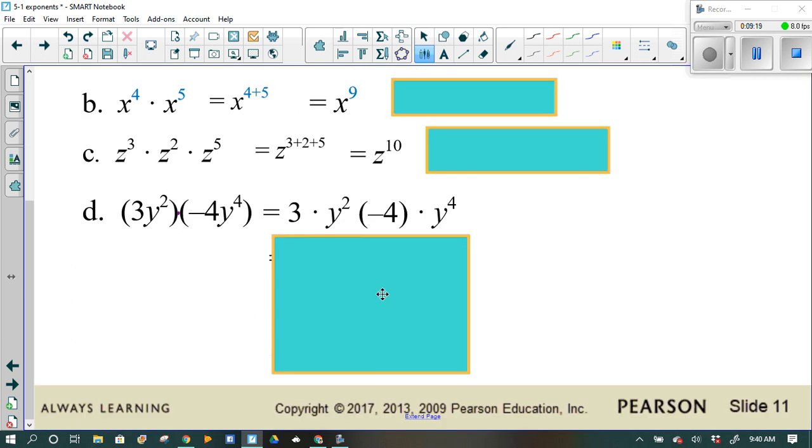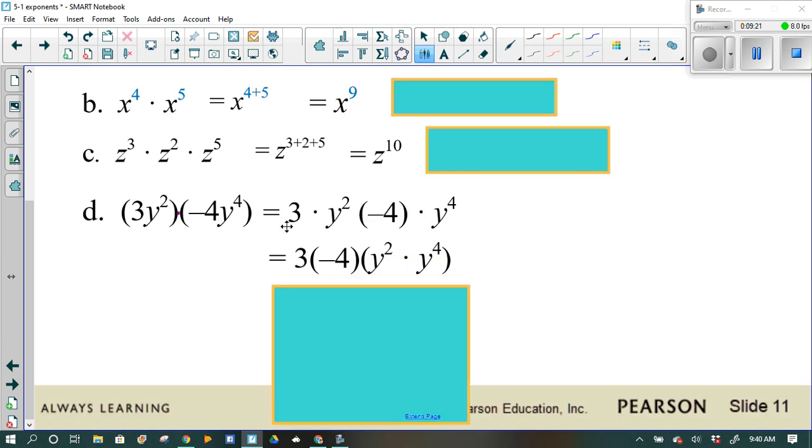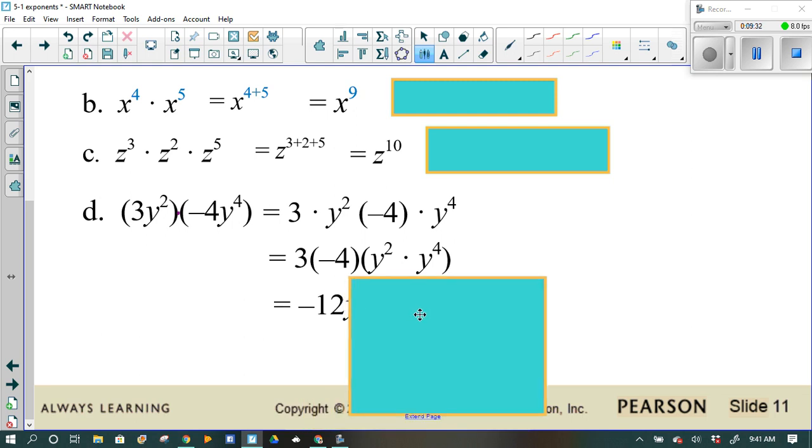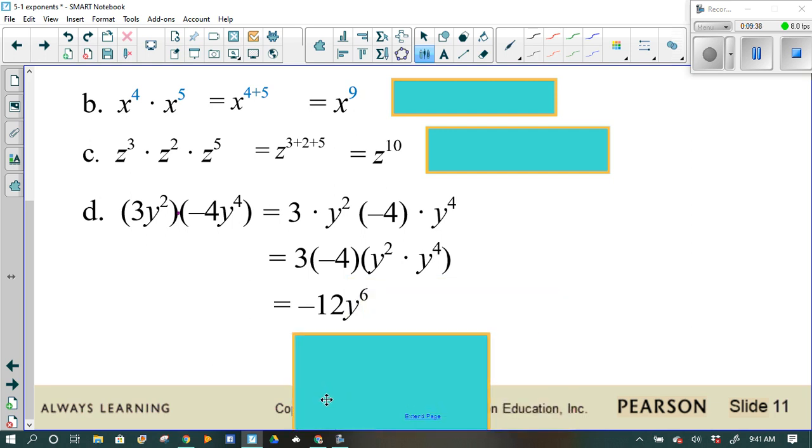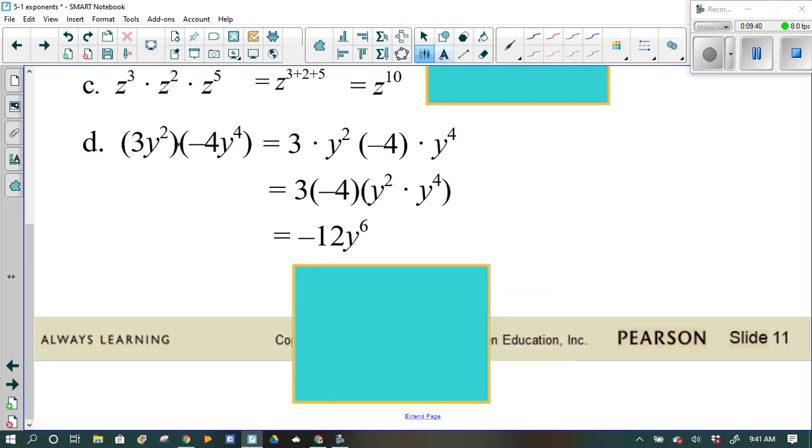Now group things that are similar. So I have 3 and -4, so 3 times -4, and then group your y's. Y squared times y to the 4th. Well, what is 3 times -4? Well, it's -12. What's 2 plus 4? That's 6. So that would be y to the 6th. So your final answer is -12, y to the 6th.